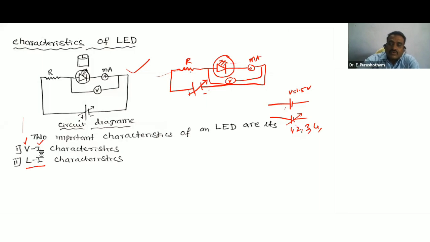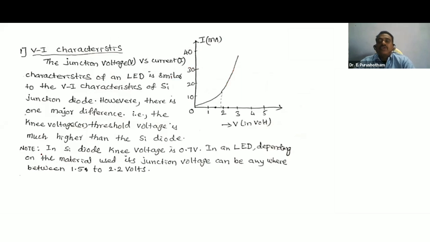So these are the two characteristics. First, observe clearly. Yesterday we discussed the normal diode VI characteristics. Both graphs, the normal diode and the LED, are the same, but there is one main difference.